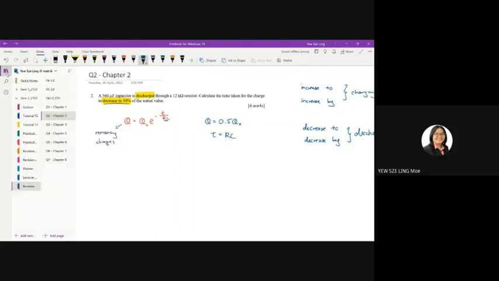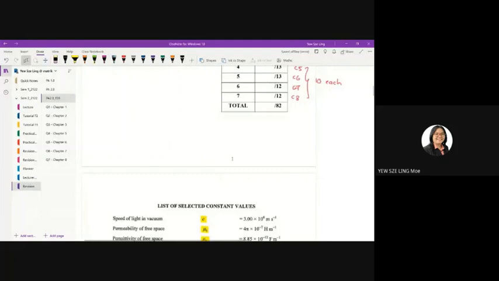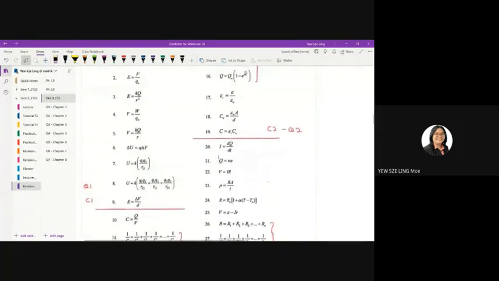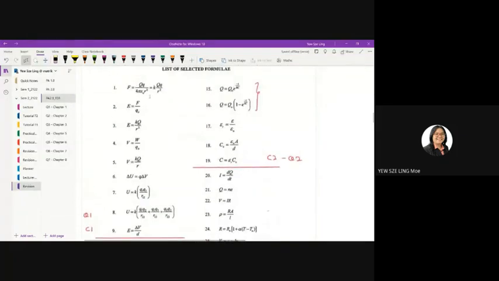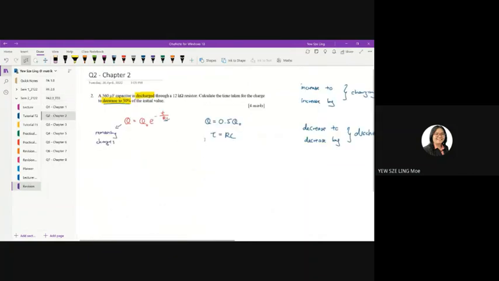Let's go back to the list of formulas. The list of formulas given has RC, and you can keep it as RC, that is fine. So we have Q equals 0.5 Q naught.